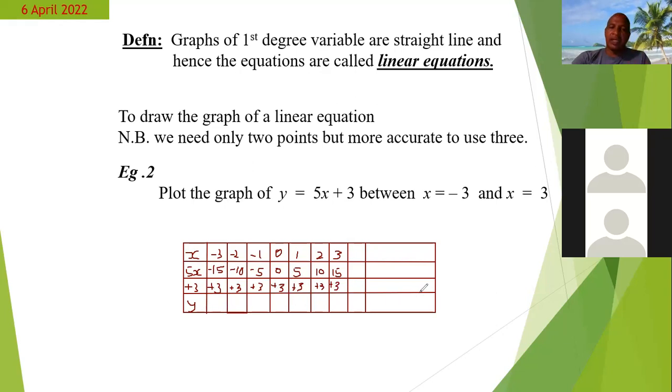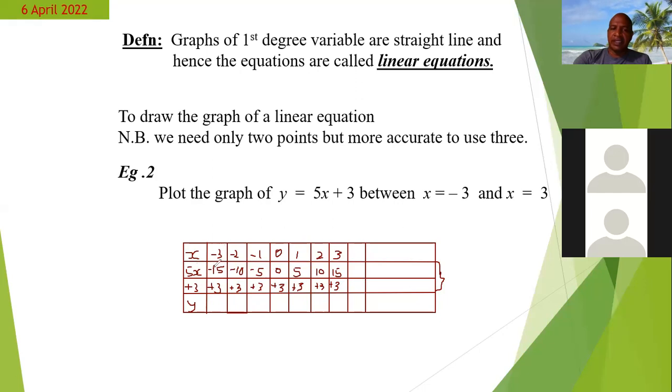To calculate the Y values, we simply add the 2 rows below the X row. In other words, the 2 middle rows, we add the values in those rows to get the Y value.